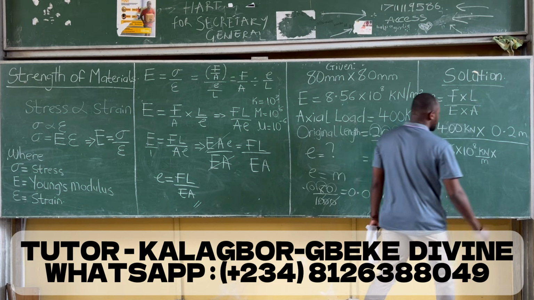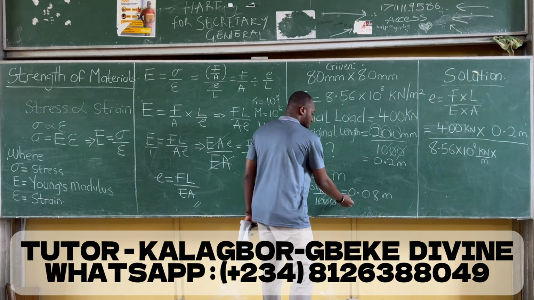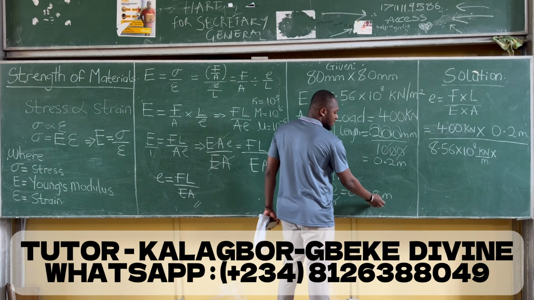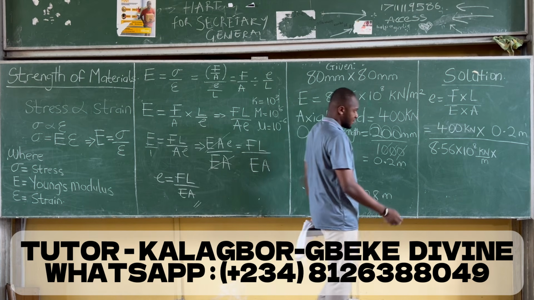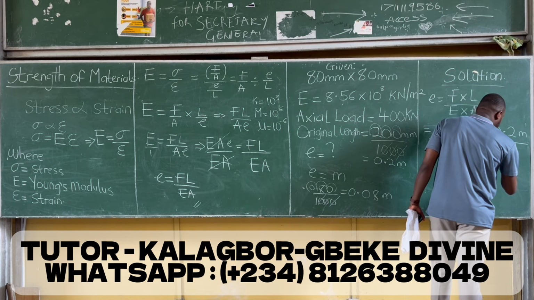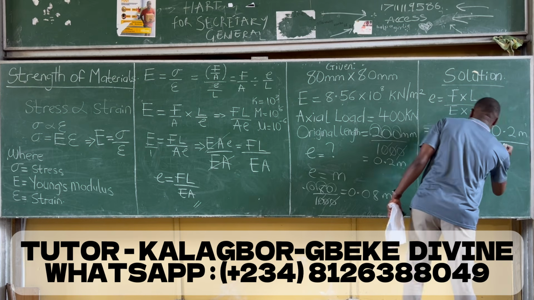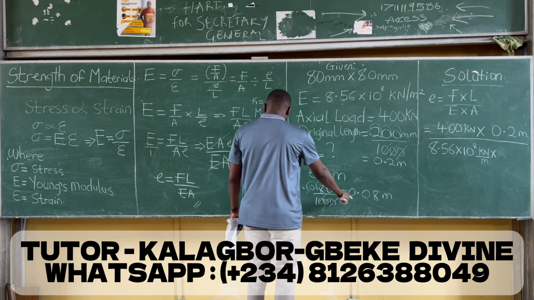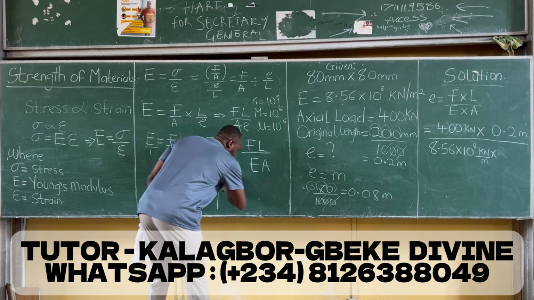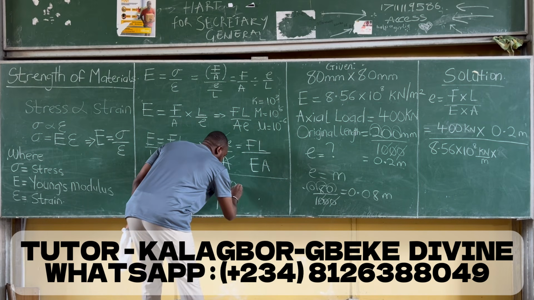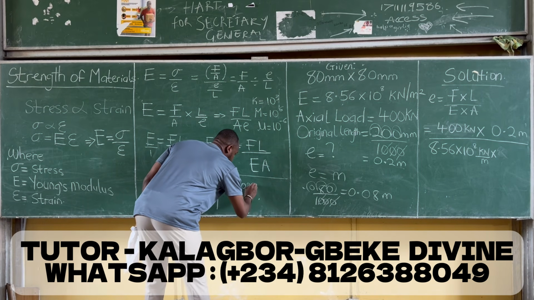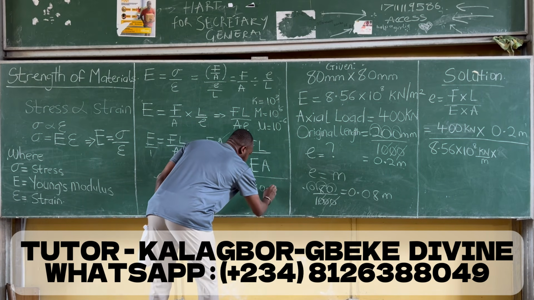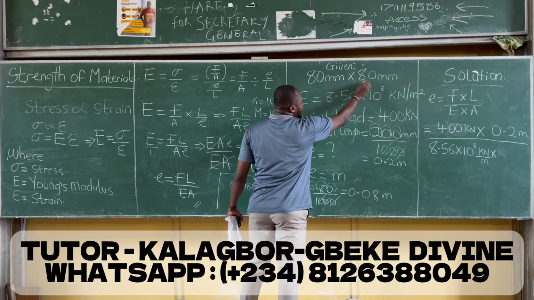Then times what? The area. 0.08 meter, right? So let's just do it here at once. 0.08 times 0.08. Someone should punch the calculator. 0.08 times 0.08. See it now, 80 millimeter by 80 millimeter.